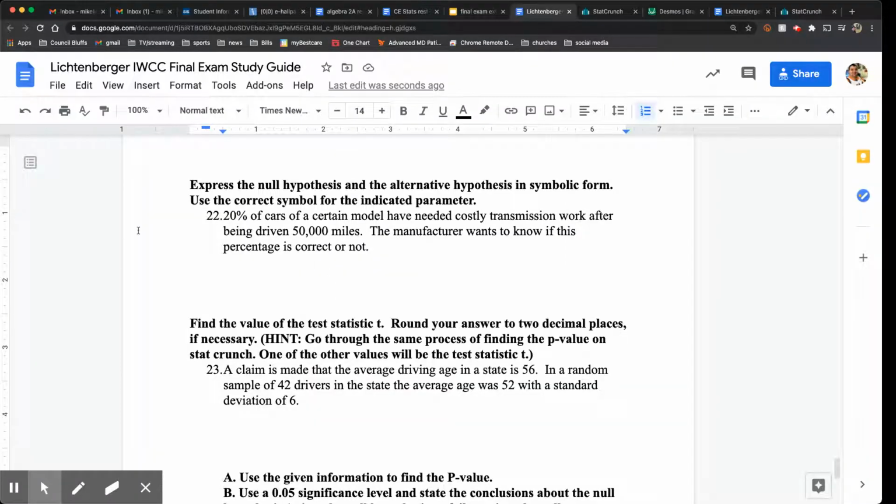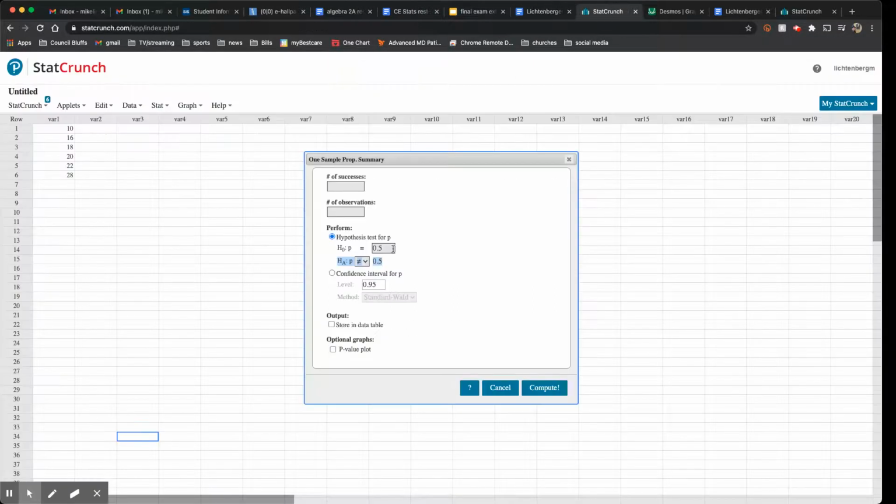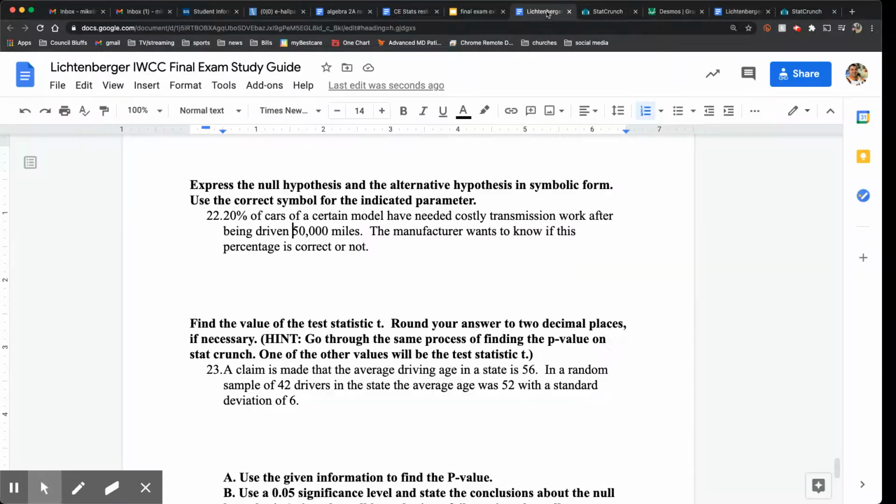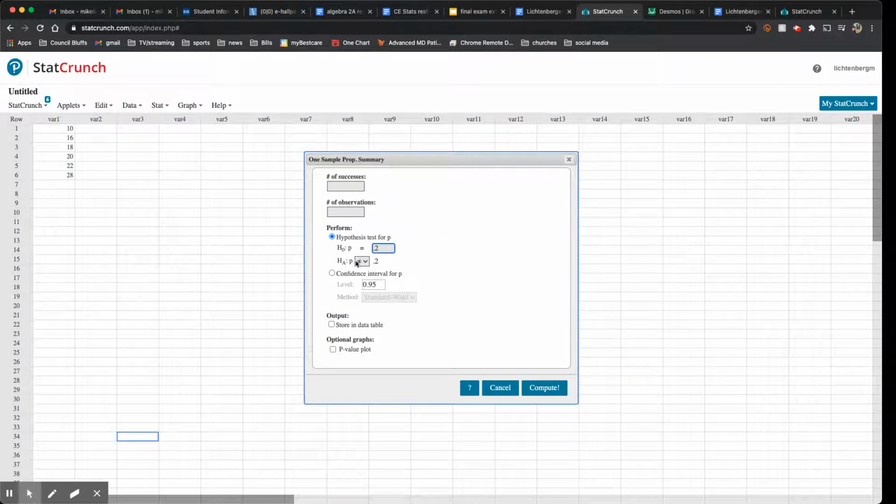So in this case, we are guessing that the proportion is 20%, so 0.2. And we're being asked, is this percentage correct or not? So the way that is worded, does that imply less than, greater than, or not equal to? It doesn't imply less than or greater than. So we're going to choose not equal to.